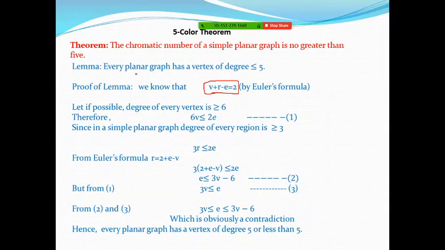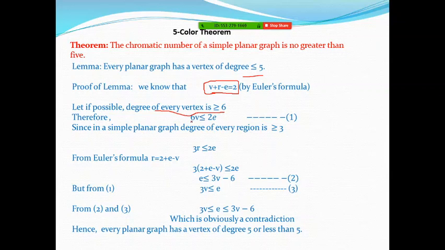Now let me suppose this statement is not correct: every planar graph has a vertex with degree less than or equal to 5. So let me suppose the degree of every vertex is greater than or equal to 6. It is not less than or equal to 5. So its contrary is that the degree is always greater than or equal to 6.